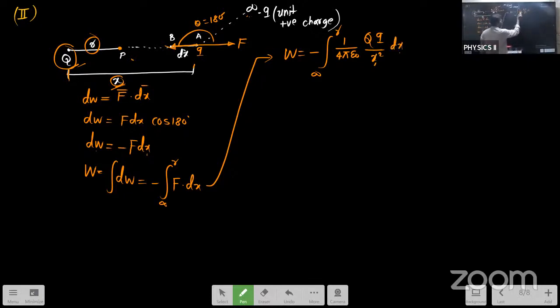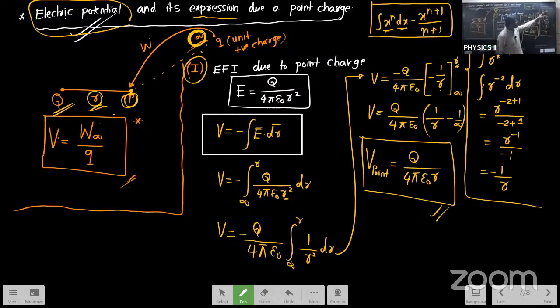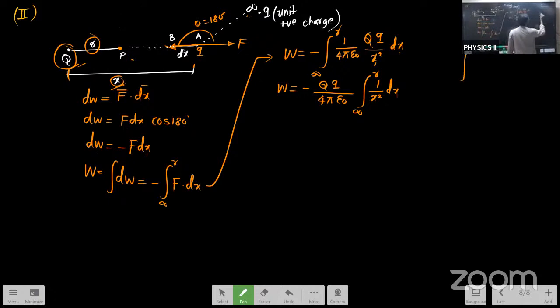Again, capital Q and small q are constant, so I can take those outside. This will become minus Qq divided by 4 pi epsilon naught, integration from infinity to R of 1 by x square dx. Just now we have seen that integration of 1 by R square dr will become minus 1 by R. So here integration of 1 by x square dx will become what?